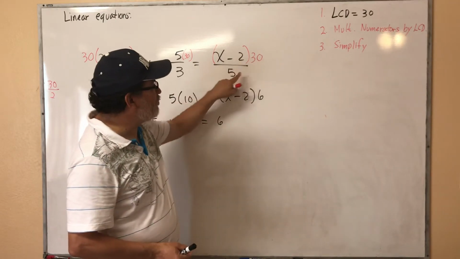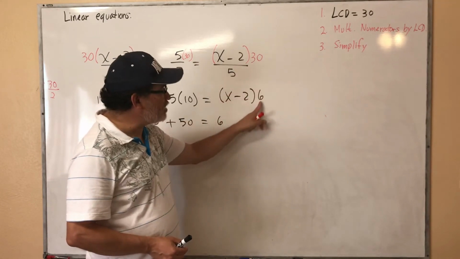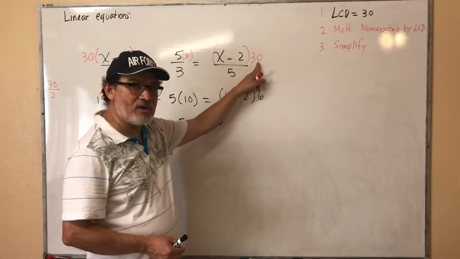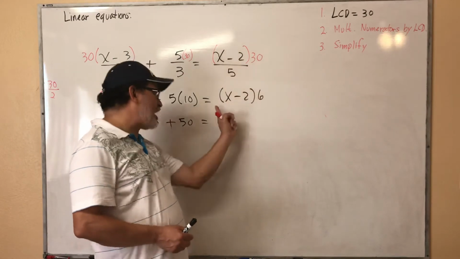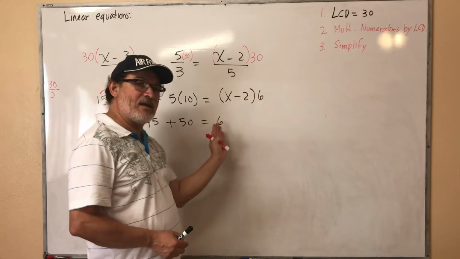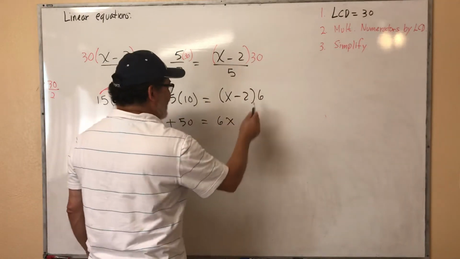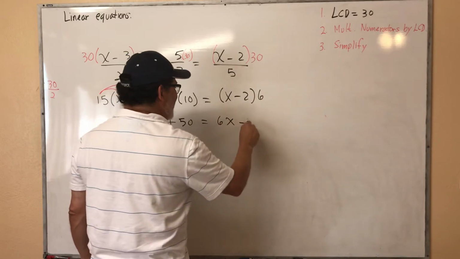The 30 over 5. They're both distributed because the 6 came from both. So when 6 goes inside, the 30 divided by the 5 go inside. So 6 times x is 6x, and 6 times negative 2 is negative 12.